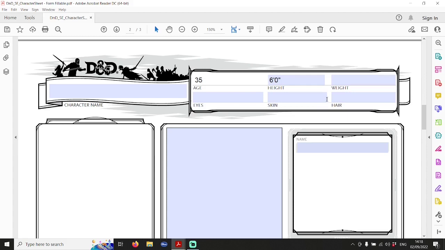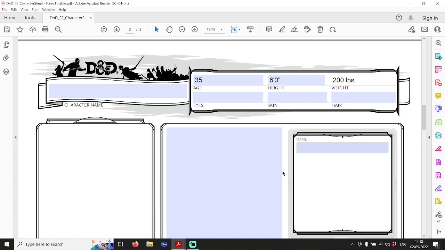She's going to be a bit on the heavy side. I'm going to say that she's maybe 200 pounds. I presume that's, if not overweight, then at least a decent weight for 6 foot.